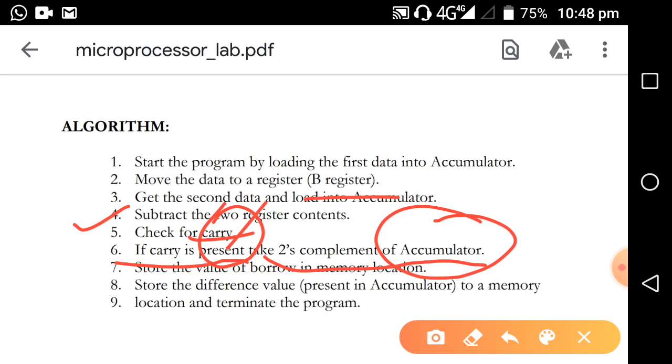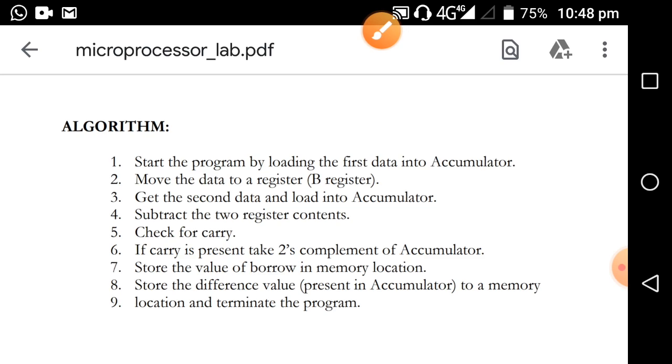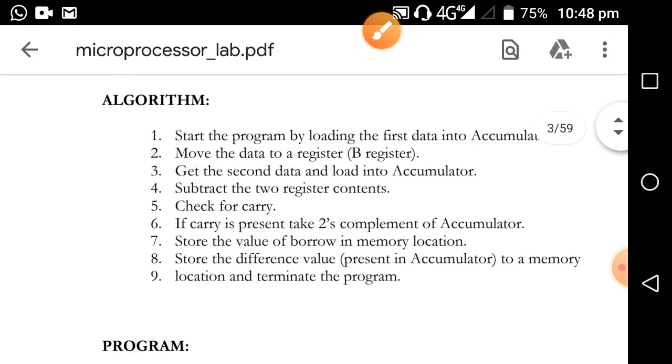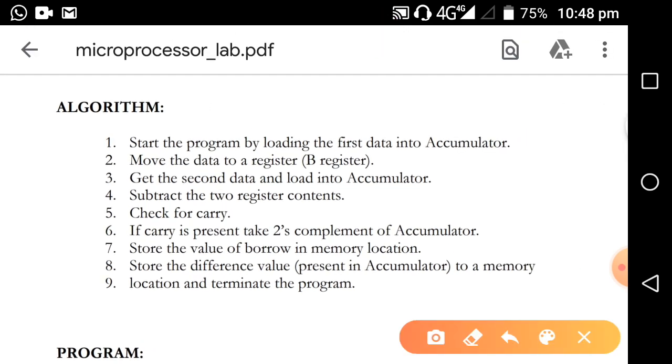By subtracting the content of the B register from the A register, the difference will be stored into the accumulator. Okay, so if there is a borrow, we have to take the 1's complement of the accumulator and then add 1, which is the process to take the 2's complement.